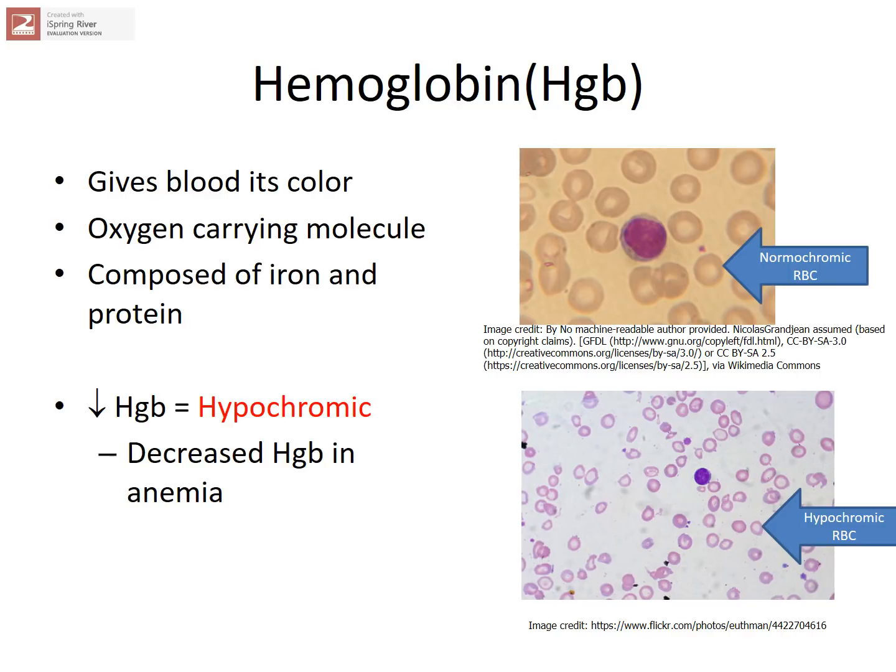About a third of the center is clear, or central pallor. And on the bottom picture are hypochromic red blood cells. You can see the cells are quite clear in the middle, lots of central pallor. This represents an abnormally low amount of hemoglobin, as we might see in anemia, hypochromic.